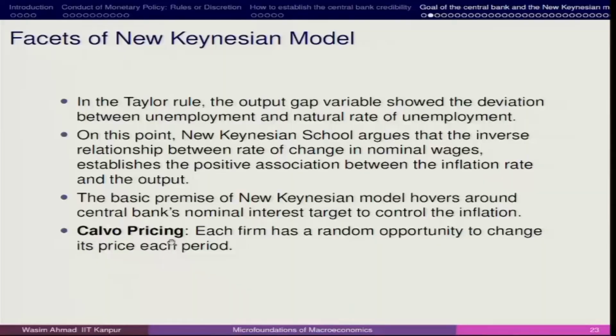So, what is the Calvo pricing? Each firm has a random opportunity to change its price each period, which means that if you have, for example, a staggered price that we use, or menu cost that we use, and if you have the price rise, some of the agents in the economy will react immediately, some of the agents will wait for some time, and in future they expect that they will be revising, they will not be revising immediately.